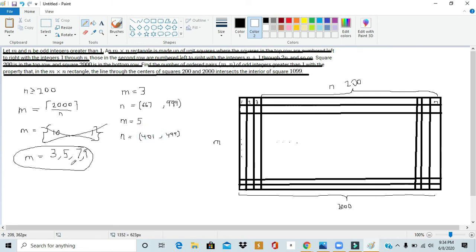Next, we take into consideration the m equal to 7 case. As we've done before, to find the upper limit, we have to see how close we can get 2000 divided by n to 6 without it equaling 6. Unlike all the previous ones, if we try to divide, we won't get a clean number.